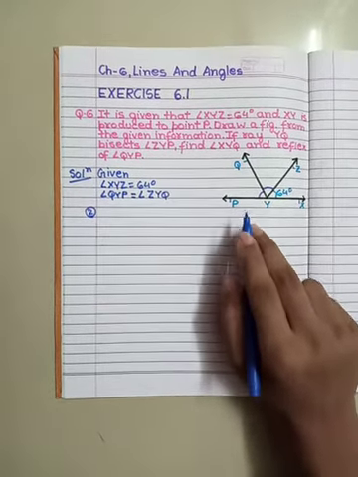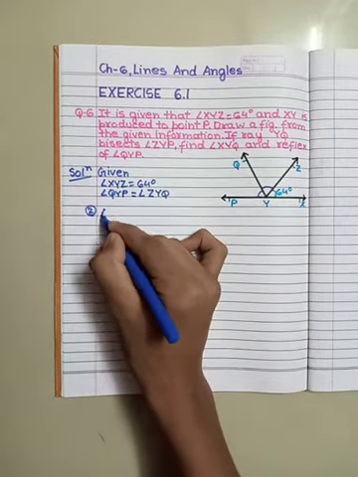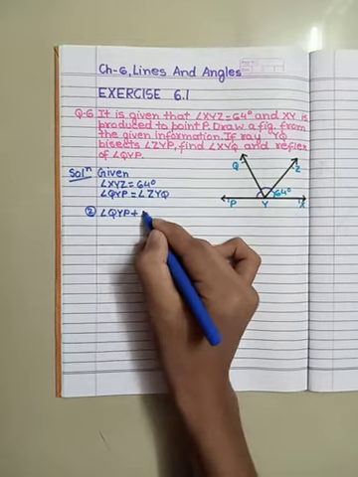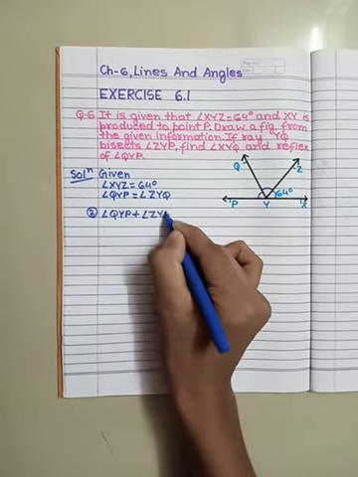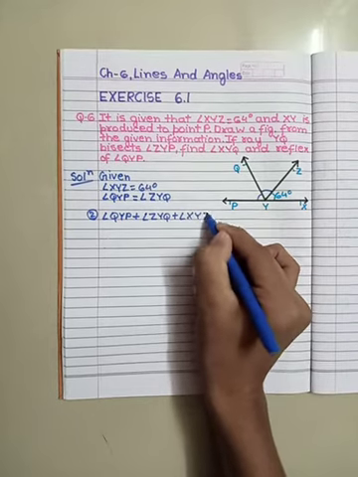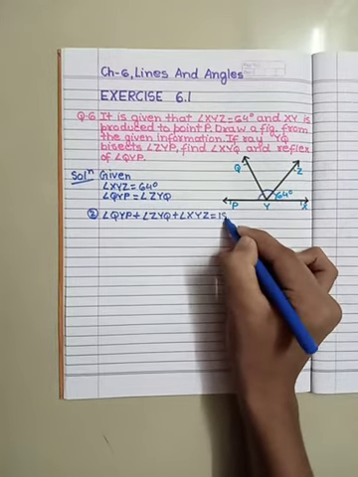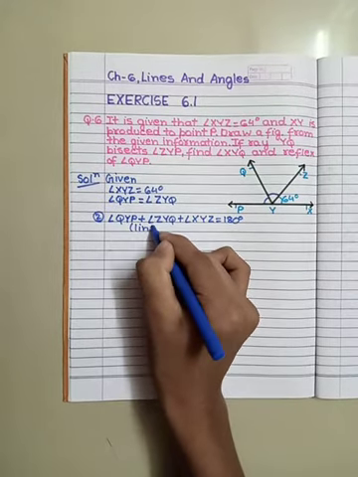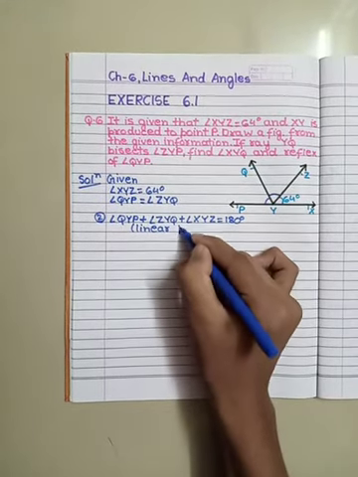So we can say that angle QYP plus angle ZYQ plus angle XYZ is equal to 180 degrees, since these all angles form a linear pair.